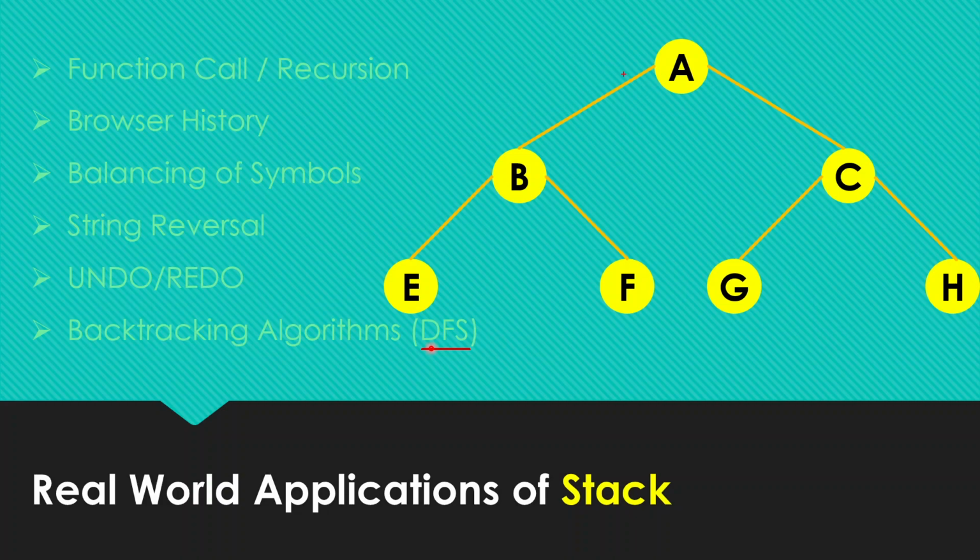For depth first search, we normally strive to visit the very last node. That is why it's called depth. So you come from A and then B and then E, then maybe print E. Then you're going to come back to B. Then again, we explore the depth that is on the left side of B.